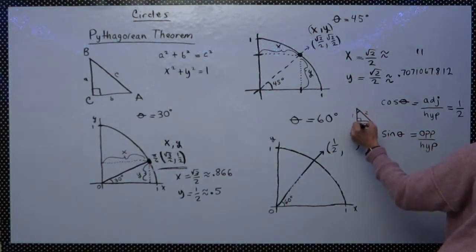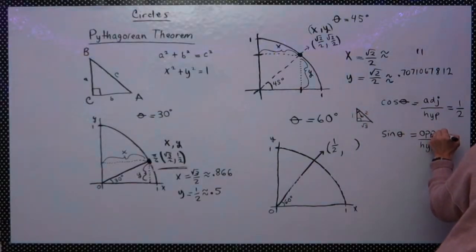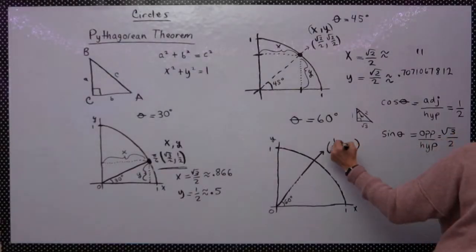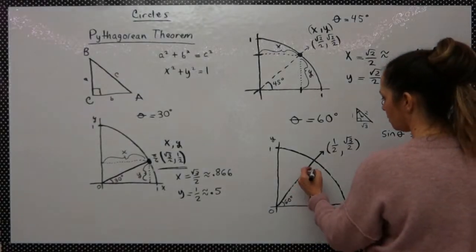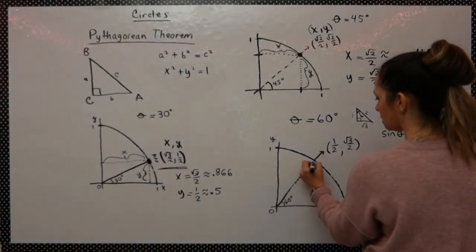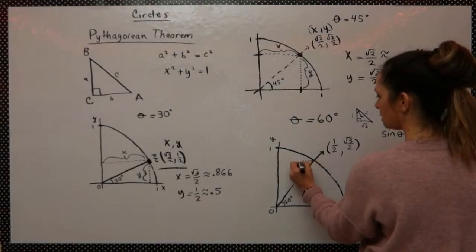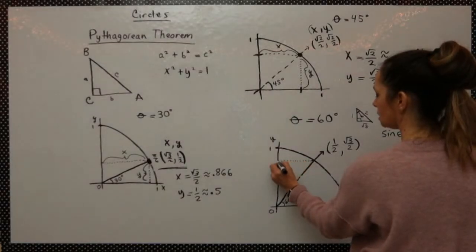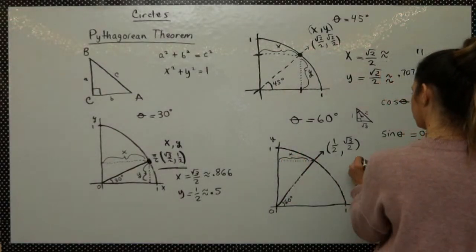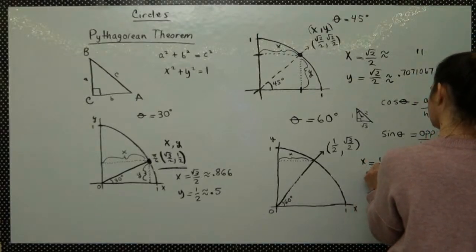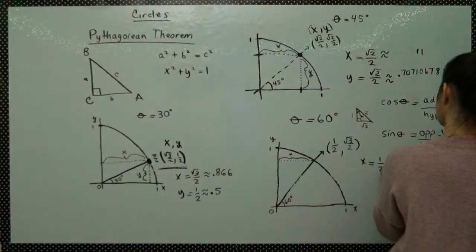So opposite is radical 3 and hypotenuse is 2. So we have radical 3/2. So our horizontal component here, this distance right here, x equals 1/2, which is approximately 0.5.